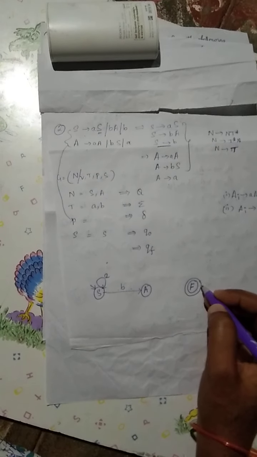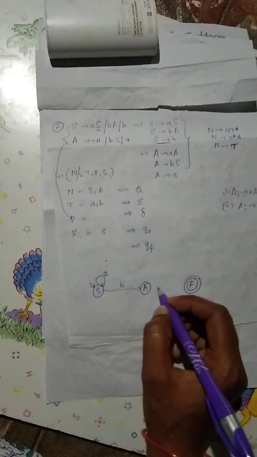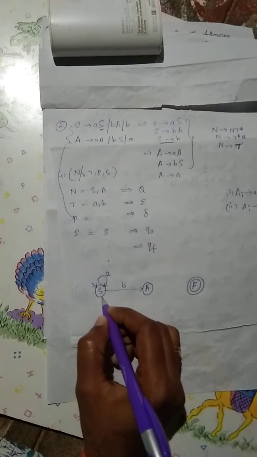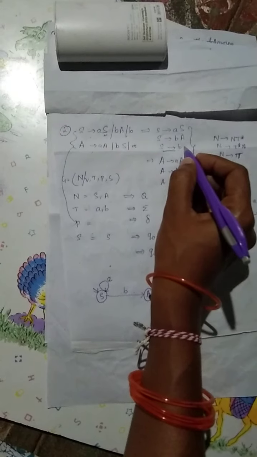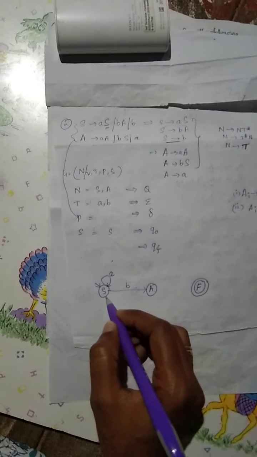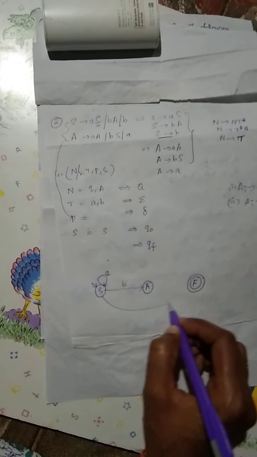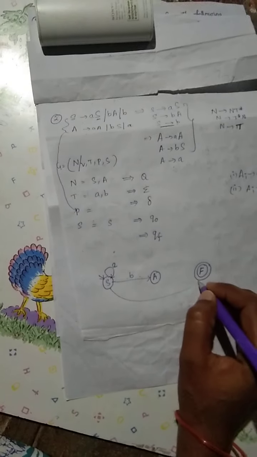So if you have a production in the form of the second rule, we introduce one new state, and that new state acts as the final state. For S tends to b, from S we take the transition symbol b going to the new state F.